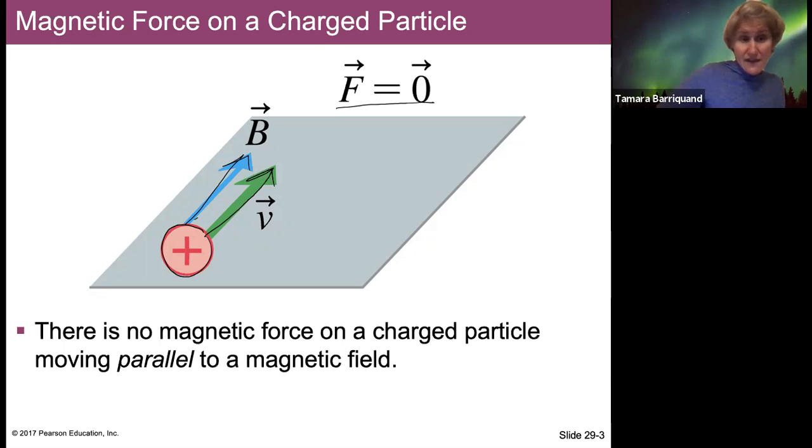So if it's moving parallel to the magnetic field, there is no magnetic force. Now let's look at some charged particles that are moving in a magnetic field and are not moving parallel to the magnetic field.